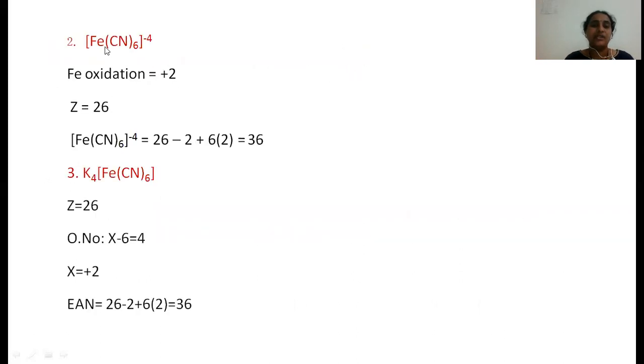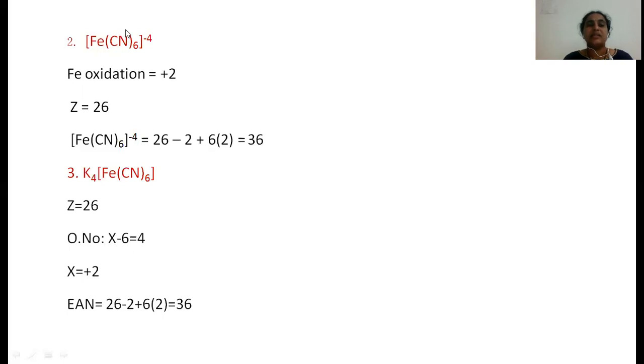For example, consider another complex, hexacyanoiron. Here the iron atomic number is 26, and we have to calculate the oxidation number. Cyanide is a monodentate negative ligand, and there are 6 ligands, so the contribution is -6.